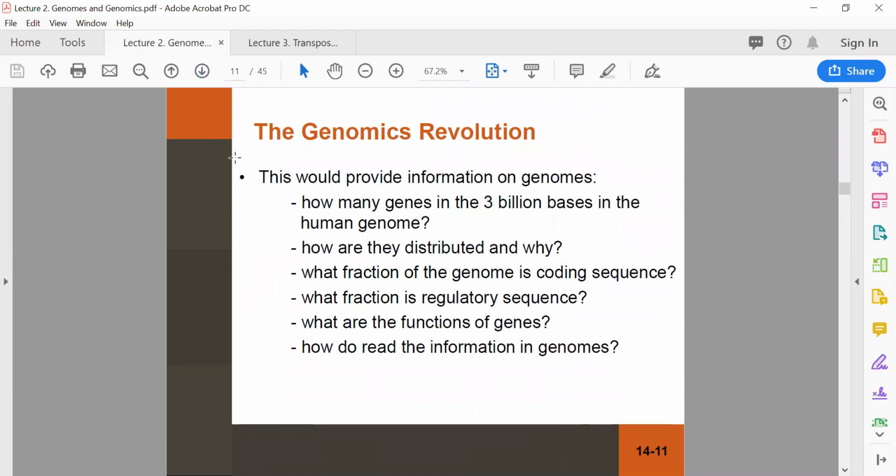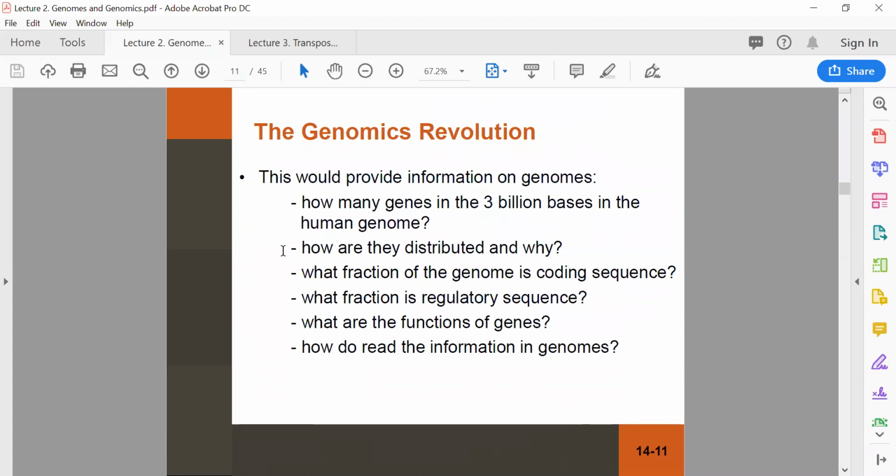Of course, a genome sequence would provide some sort of insight into how a genome is structured or how it's built. So, for example, it could tell you how many genes are in the 3 billion bases that constitute the human genome.